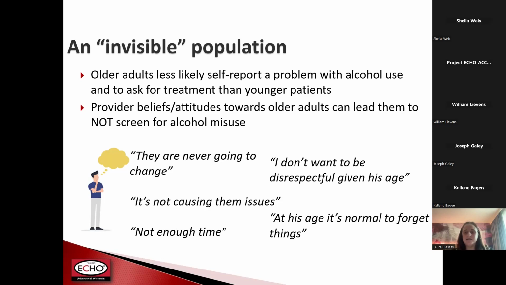Also, normalizing common things that might be a result of substance use disorder. So it's normal to forget things. It's normal to be confused. So we just really want to make sure that we are aware of those biases that we have when working with our older adult patients. Next slide.